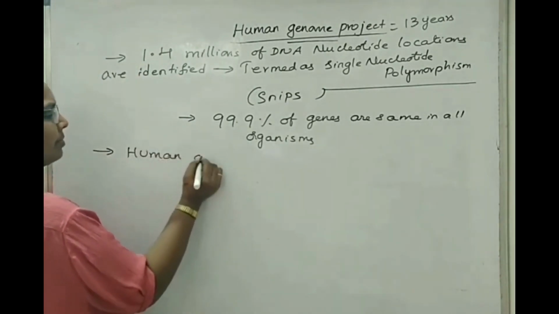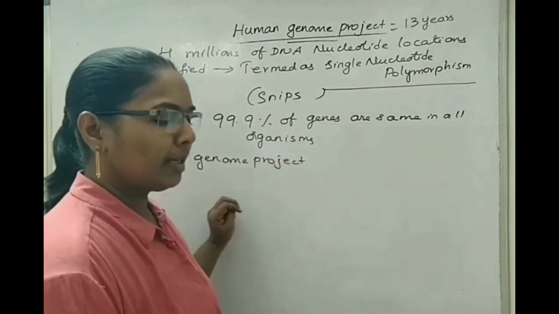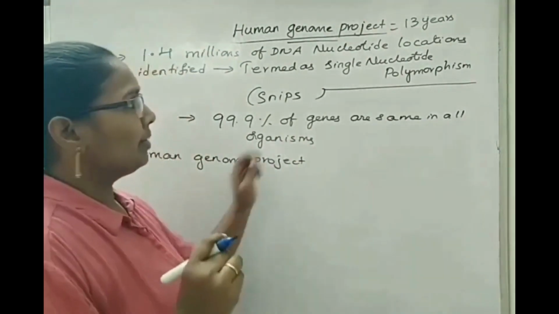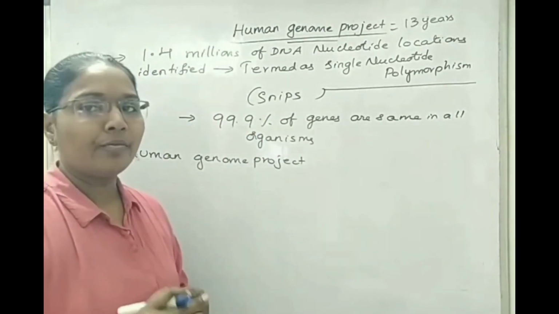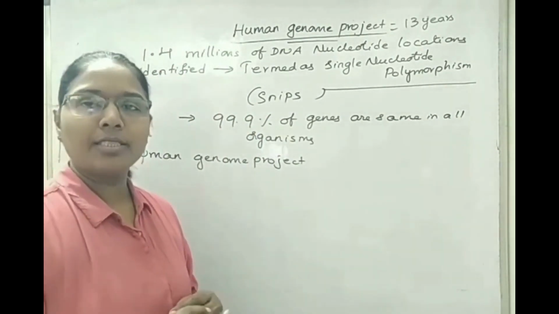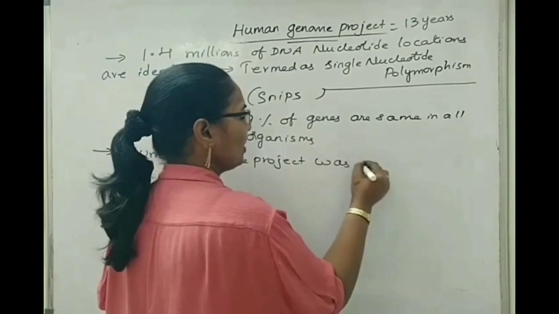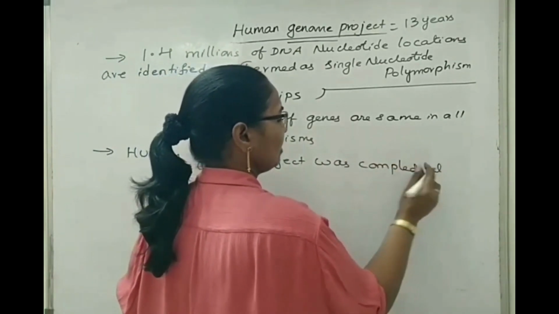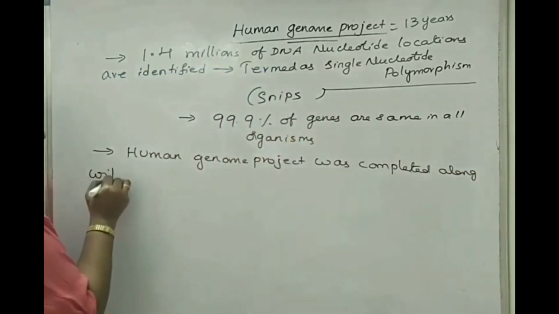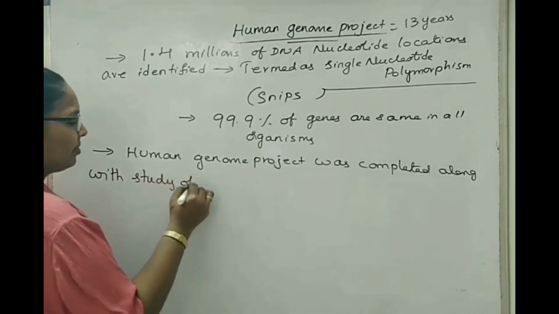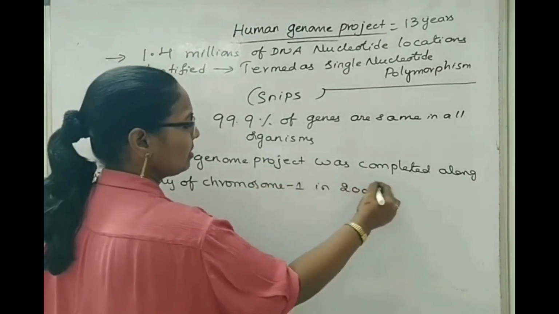Human Genome Project was perfectly completed in 2006. Here we have written up to 2003, that is 13 years. But by that time chromosome 1 was not studied, and chromosome 1 also finished its complete study by the year 2006.